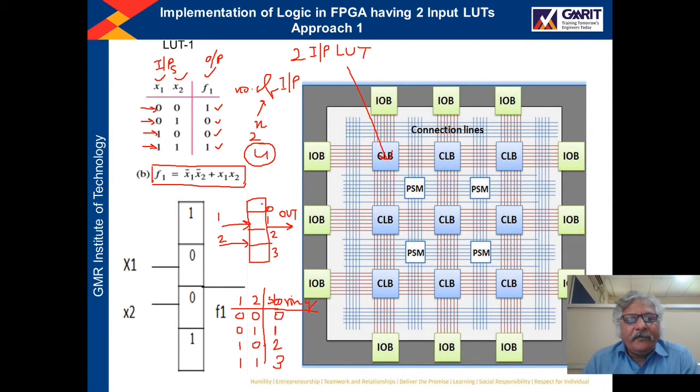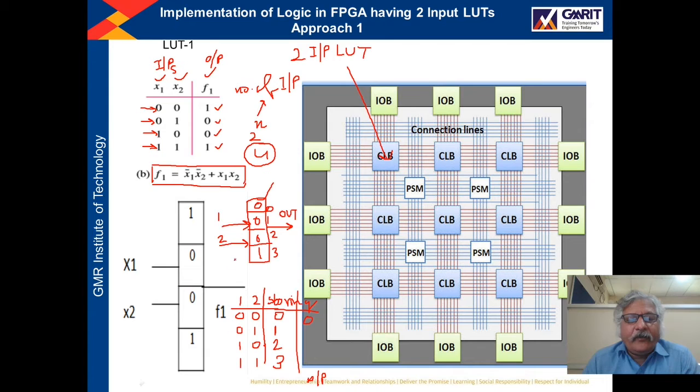So in this way, now let us assume in this LUT we have stored the values 0 0 0 and 1. Then what will happen? If you give input 0 0, then the value 0, which is stored at cell number 0, will be at the output. So here output 0 you will get.